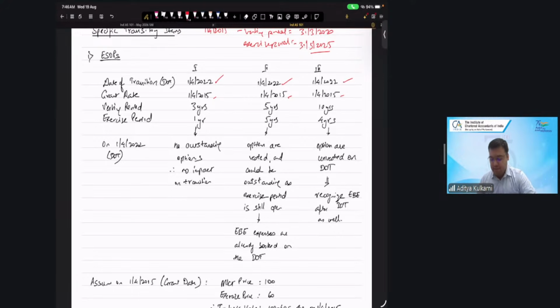In the first scenario, vesting period is 3 years, exercise period is 1 year. When did I grant the option? 1st April 2015. What is the vesting period? 3 years. That means 15-16, 16-17, 17-18. That means by 31st March 2018, would the options have been vested in the employees?